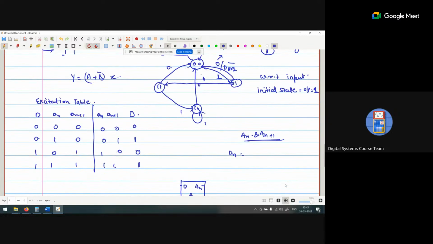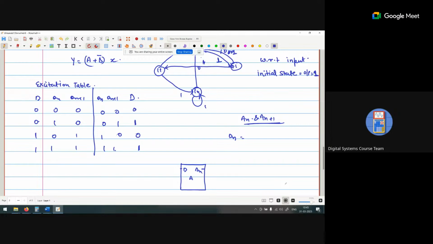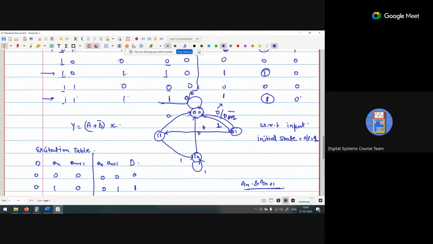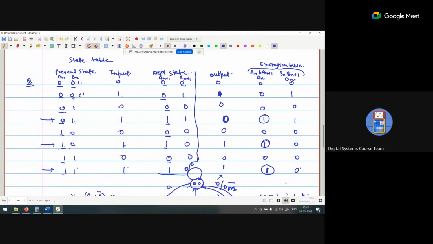A plus B. 0, 1, 1, 0, and 1, 1. This is the condition of A plus B.